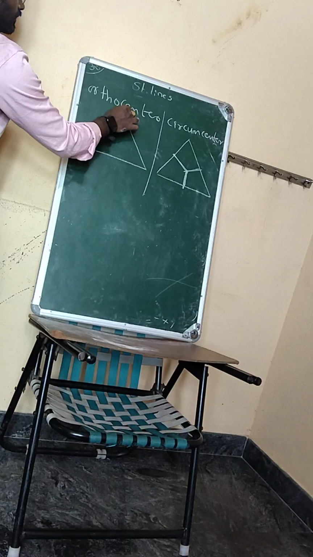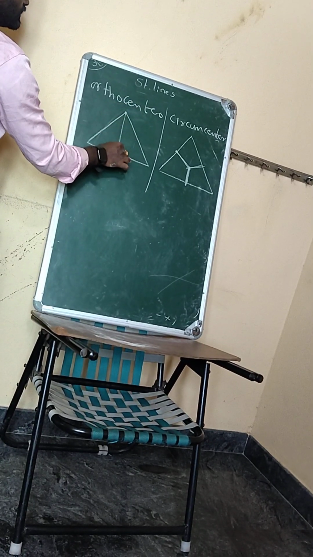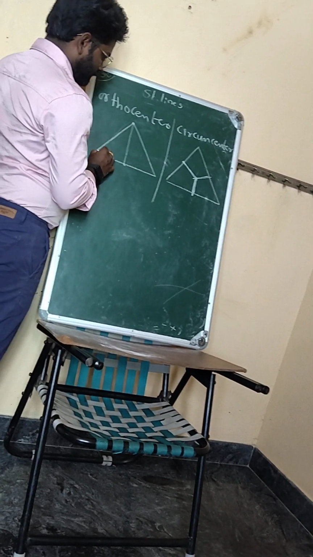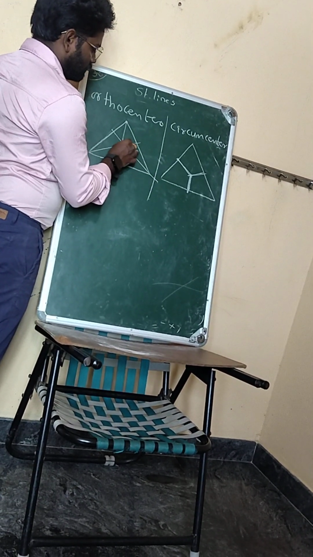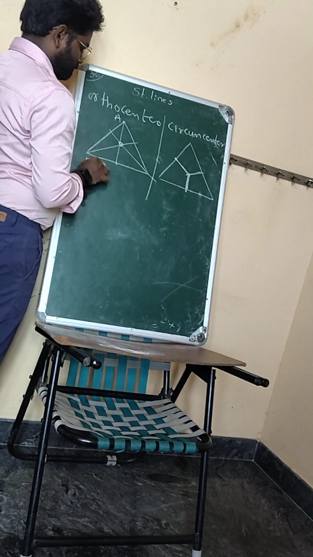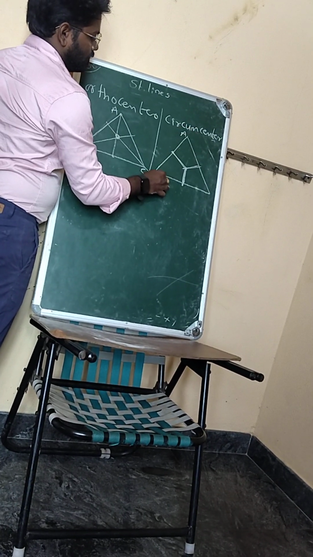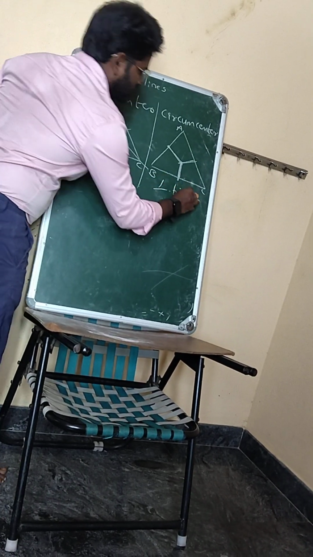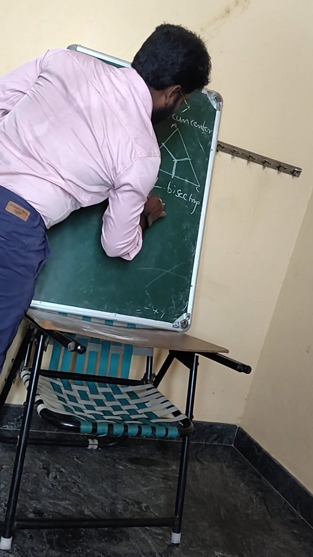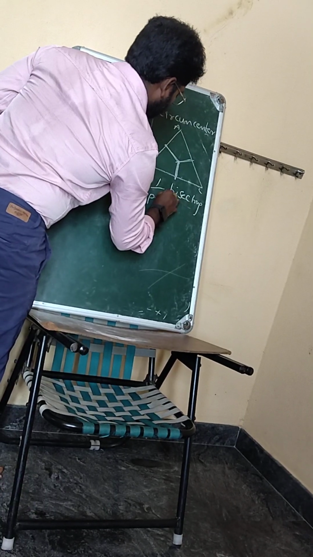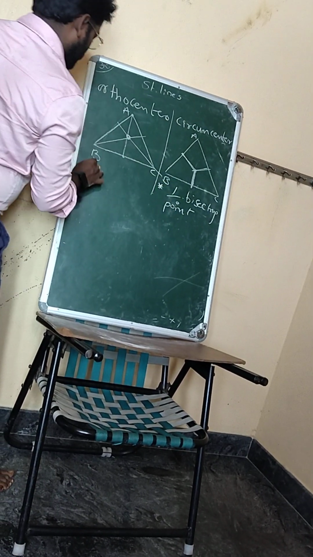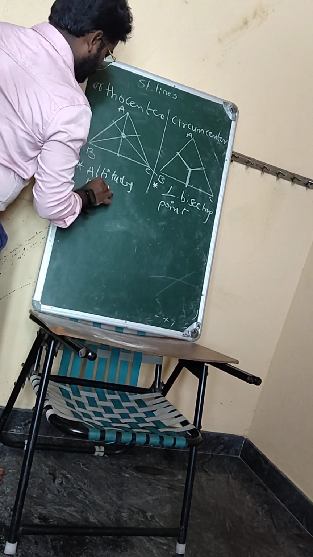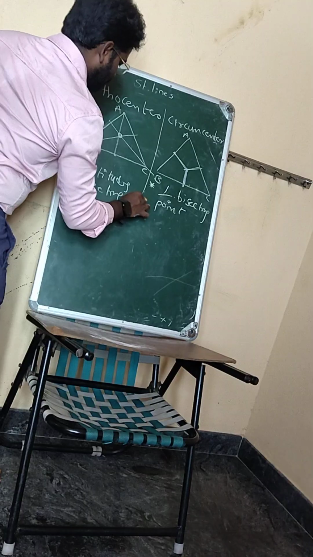From the starting vertex, perpendicular to the opposite side touching. Altitudes meeting point. A, B, C. Perpendicular meeting point. Altitudes meeting point.